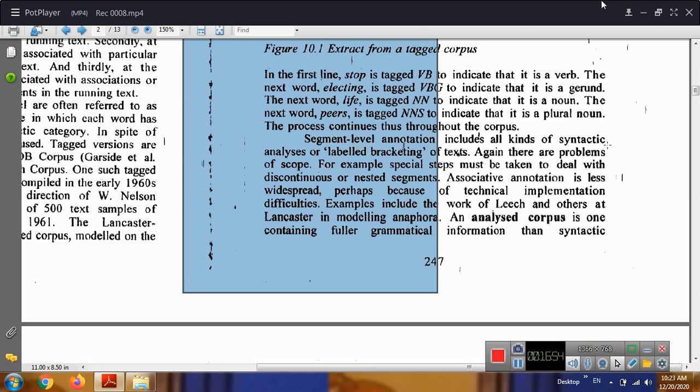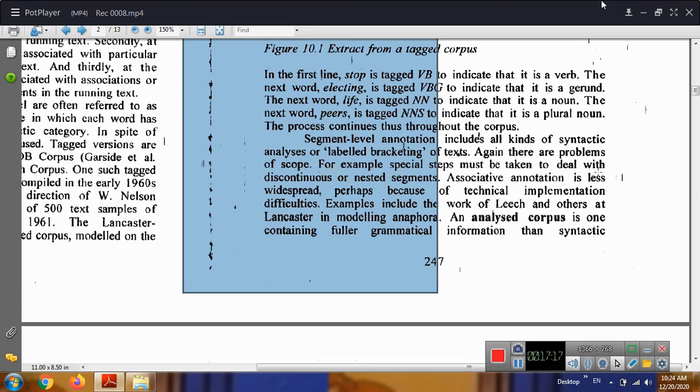Segment level annotation includes all kinds of syntactic analysis or labeled bracketing of text. Again, there are problems of scope. For example, clarifying its scope and border is not a very easy task.